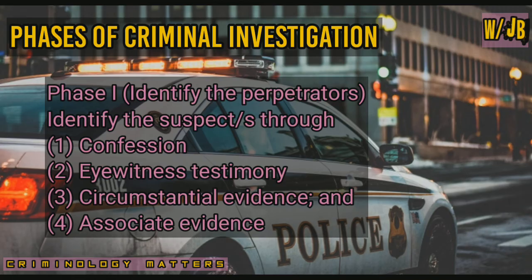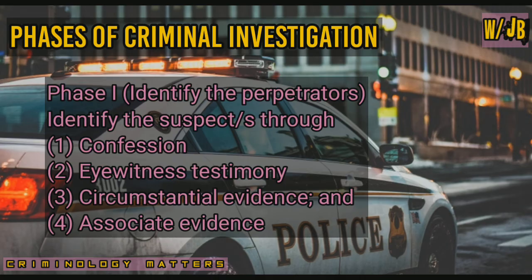Okay. What about associative evidence? We have different evidence that may help the investigator in identifying the suspect, such as, for example, fingerprint. If the fingerprint of a certain person is found on the crime scene, then that fingerprint will associate the person to the crime that has been committed. Because why is your fingerprint in the crime scene?